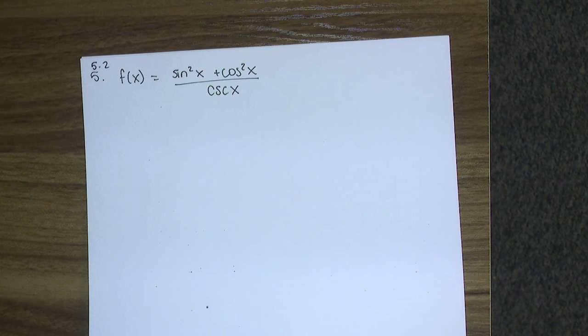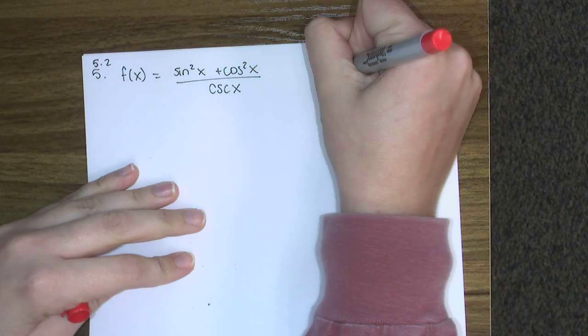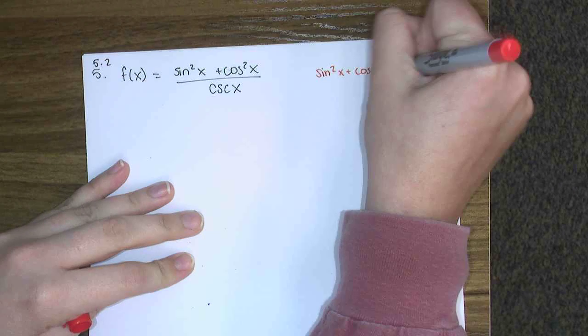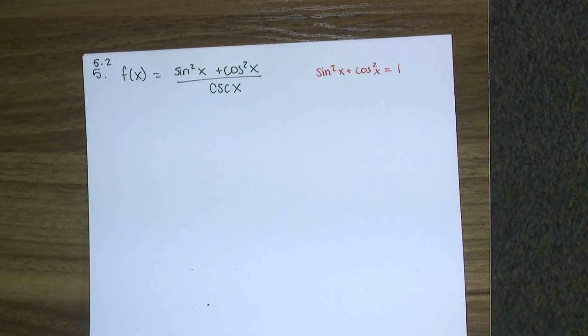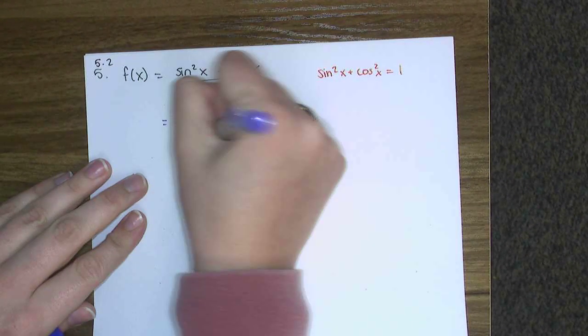We know, again, that sine squared plus cosine squared is equal to 1. So I can replace the top with 1. So that's equal to 1 over the cosecant of x.